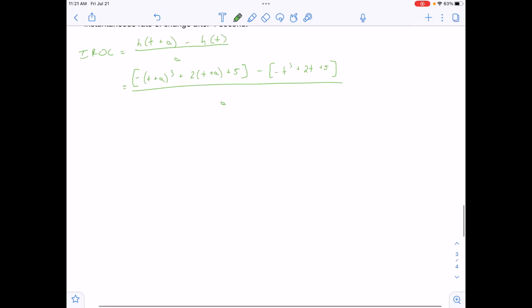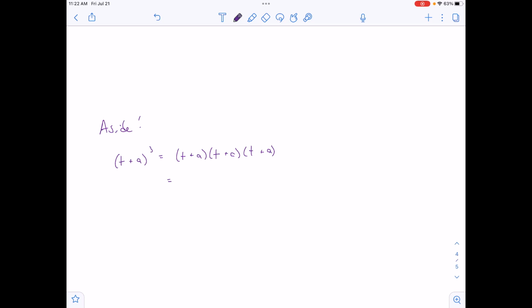Now I have to expand this. I need to get rid of my exponent there, and I'm going to do that off to the side, because that's going to take up a whole lot of room. So I have (t + a)^3, so that's (t + a)(t + a)(t + a).